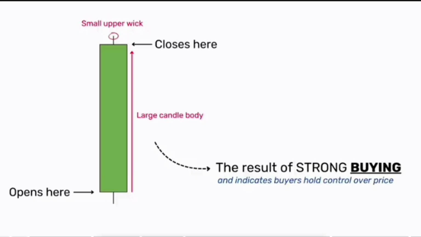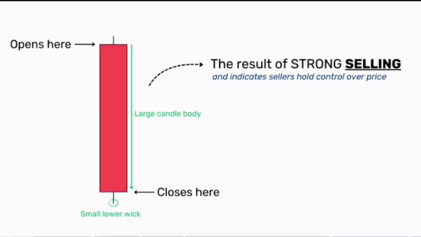And it indicates that right now, at the time of printing this candle, the buyers hold control over price in the market. The same is true for a bearish candle that opens here, closes here, has a large candle body and a small lower wick. This is the result of strong selling. We've seen uninterrupted selling, which has driven the market down over whatever specified period of time this candle is representing.